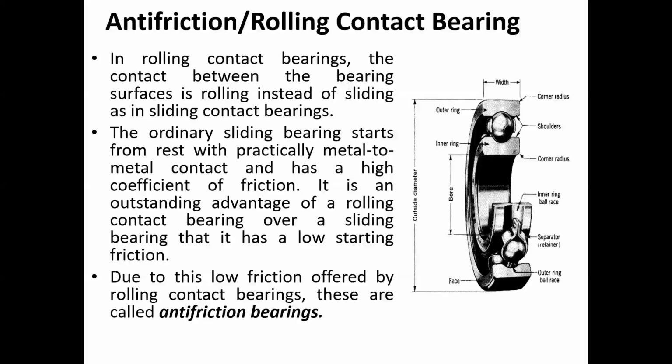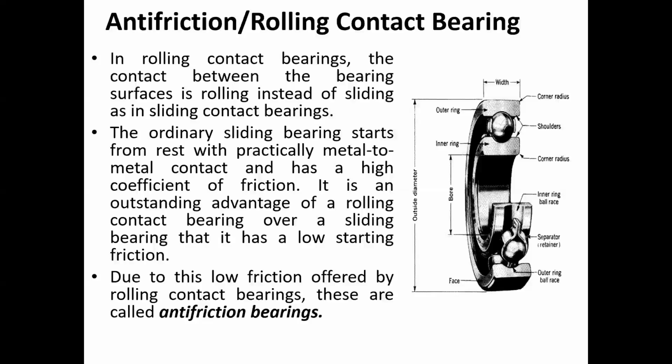The ordinary sliding bearing starts from rest with metal to metal contact. Another problem with the sliding contact bearing was that there will always be a metal to metal contact at the starting, and the friction value at that time is very high, or at slow speed the friction is higher in case of sliding contact.